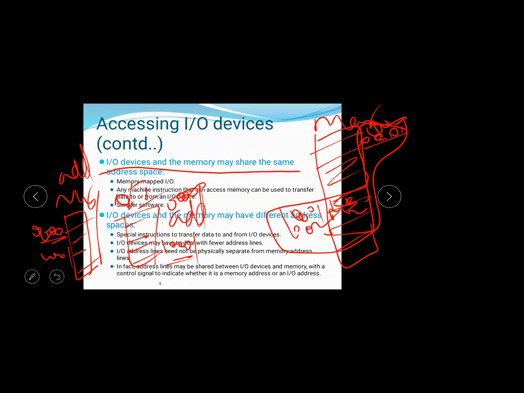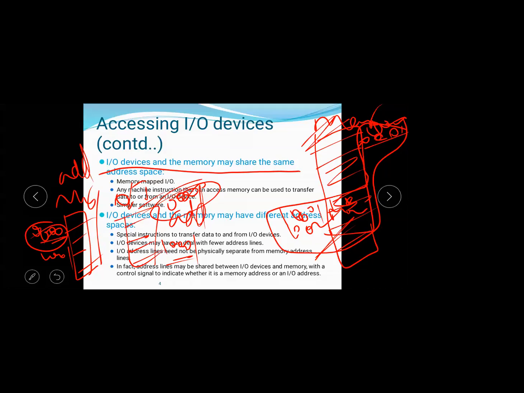Whereas in memory mapped IO, memory addresses and IO device addresses are in the same, single address space. Therefore there is no chance of the same address being given to both memory and the data in register.